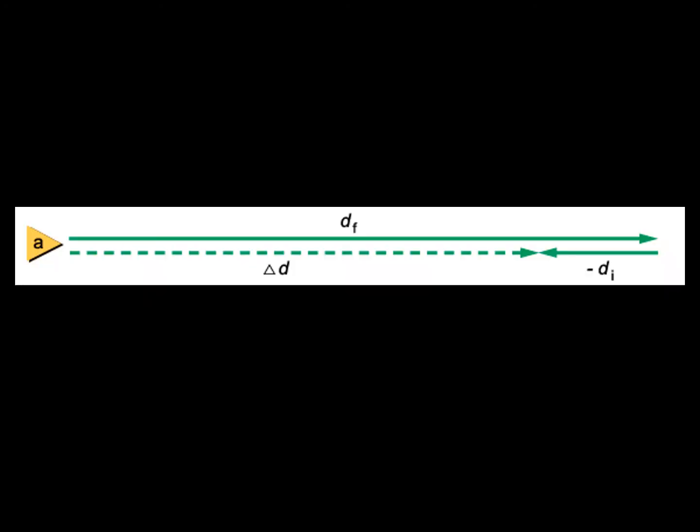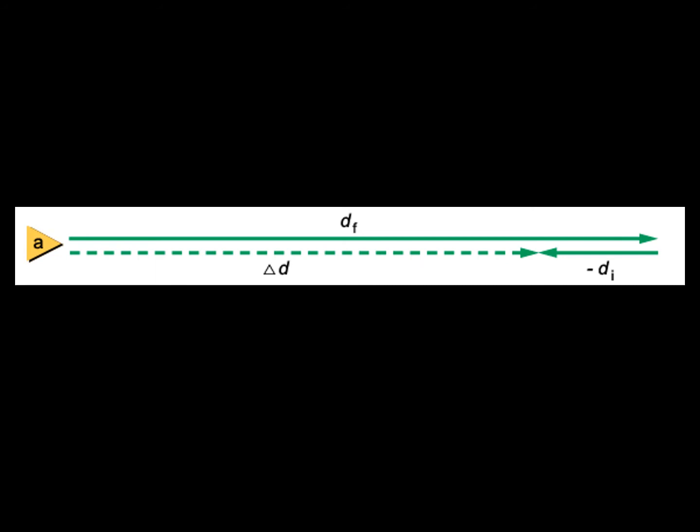Here's another example of subtracting vectors. Now in physics, we a lot of times use the little letters below, the subscripts, to indicate whether something is where you started or where you ended. df indicates the final displacement, and di represents the initial displacement.